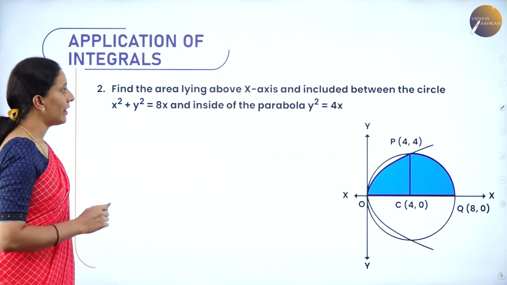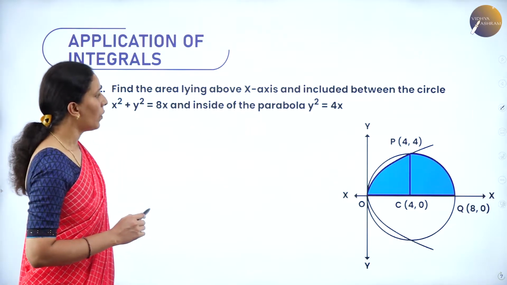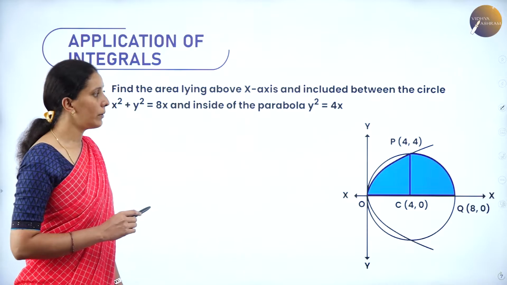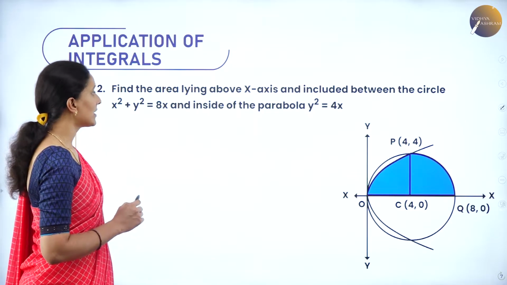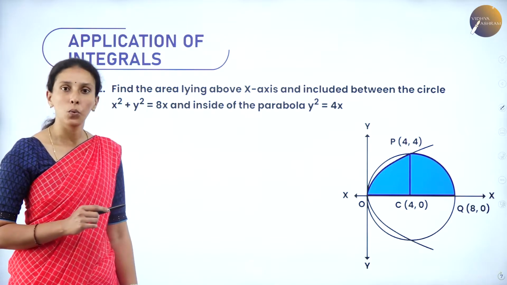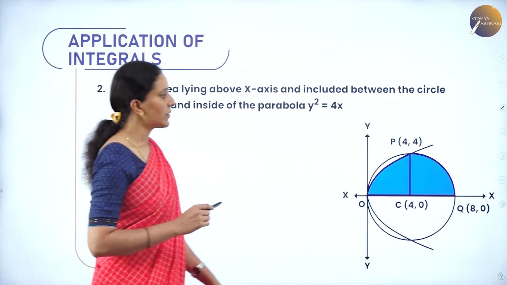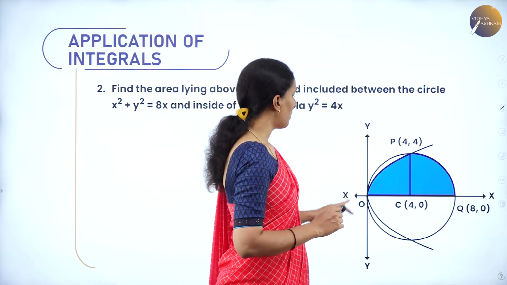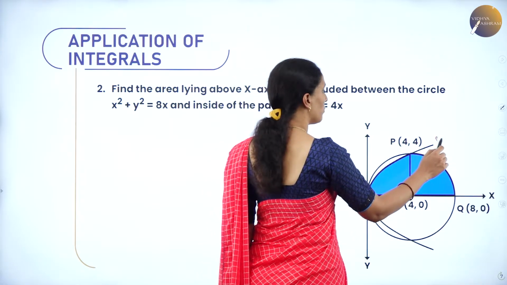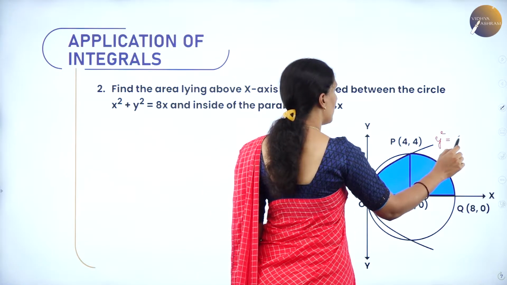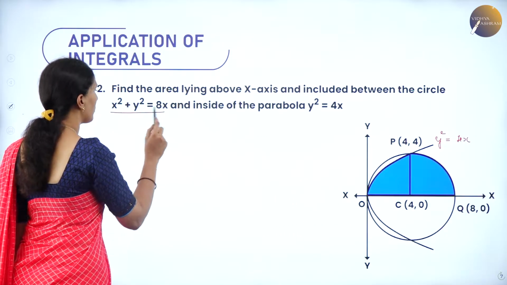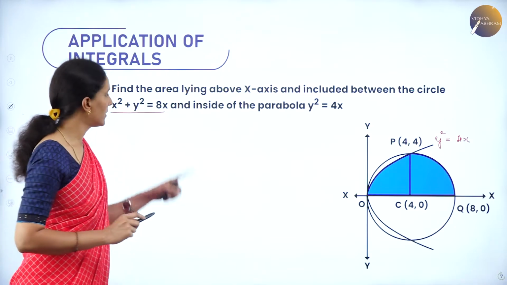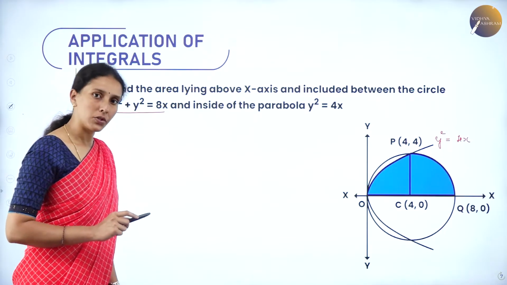Next, find the area lying above the x-axis and included between the circle x square plus y square is equal to 8x and inside the parabola y square is equal to 4x. So here I have taken a parabola y square is equal to 4x. This is a right-handed parabola, and we have a circle x square plus y square is equal to 8x, where 8x is r square.